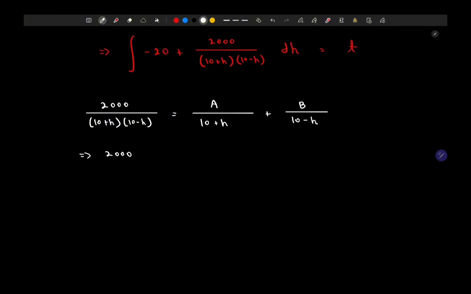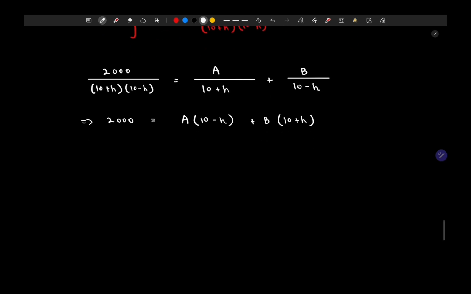So this is 2000 equals a(10 minus h) plus b(10 plus h). Now there are two ways of finding out the values of a and b. The first one is comparing the coefficients. That is much more lengthy, but there is a clever method. We need to take clever values of h.